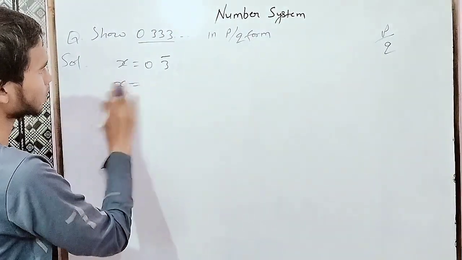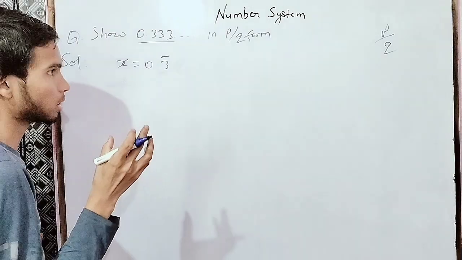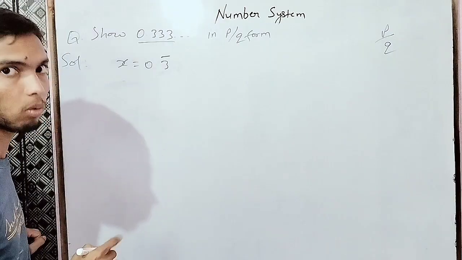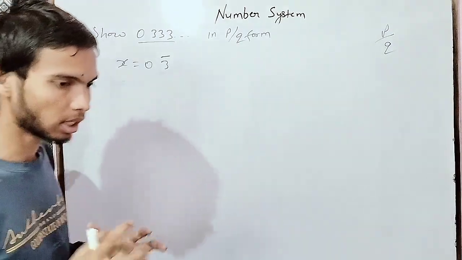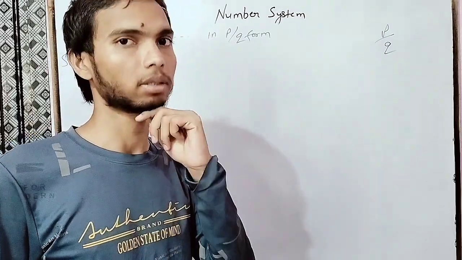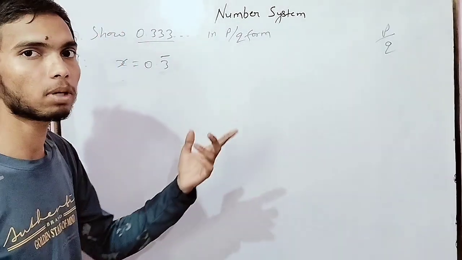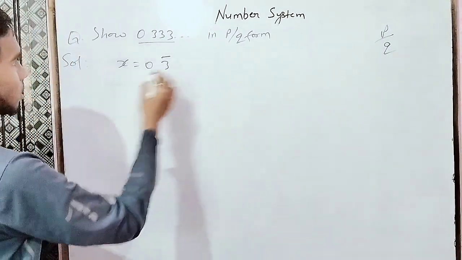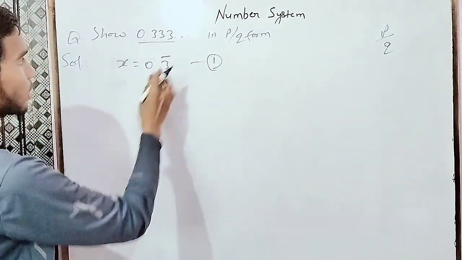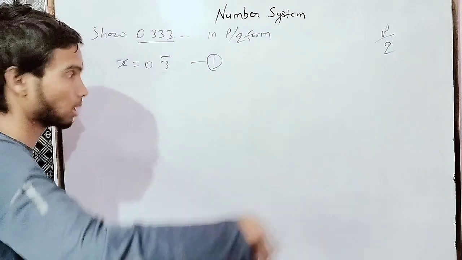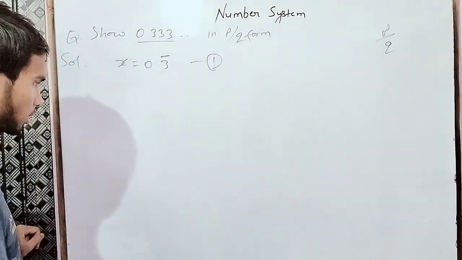Now next, multiply by 10 on both sides, because here one number is repeating. If there were two numbers repeating, then it would be 100. So here one number is repeating, so you will multiply by 10 on both sides. This is one equation. Remember, we have applied a bar, which shows that 3 is repeating. There is no end, but it is repeating.